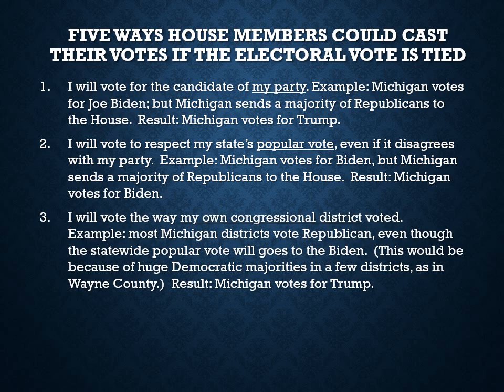Or you could say, I will vote the way my own congressional district voted. That would be reminiscent of the system in Nebraska and Maine. So, for example, if most Michigan districts vote Republican, then the result would likely be that Michigan would vote for Trump. If it's tied, who knows?